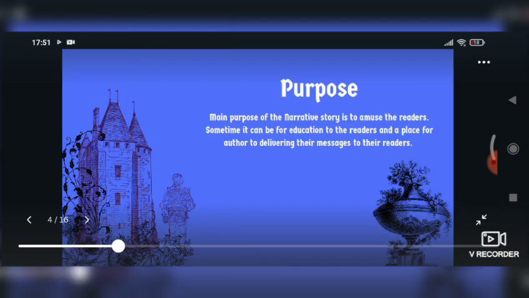The purpose of narrative writing is mainly to amuse the readers. Sometimes it can be for educating the readers and a place for the author to deliver their message to their readers. Yes, that's the purpose of narrative writing. So we jump to the next.